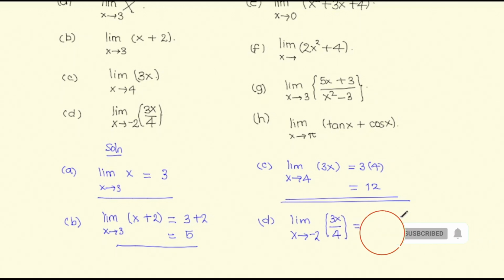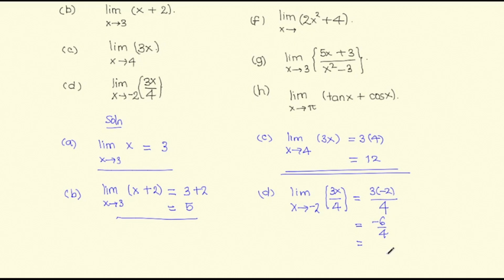So again, wherever we get x, we are replacing it with the given value which x is tending to, and for this particular one it is -2, divided by 4. When you multiply the numerator, you get -6 over 4, and if you reduce it down, you can decide to write it in decimal or in fraction, it is the same. This one goes -1 and 1/2 as the solution.